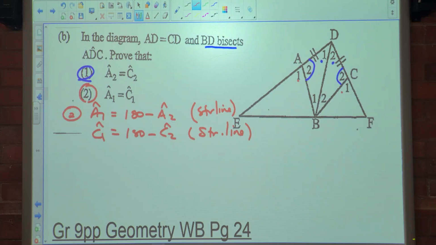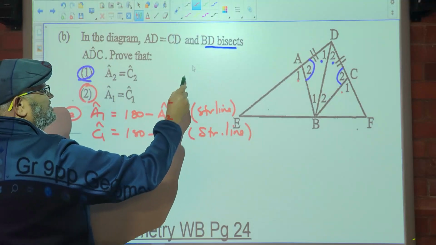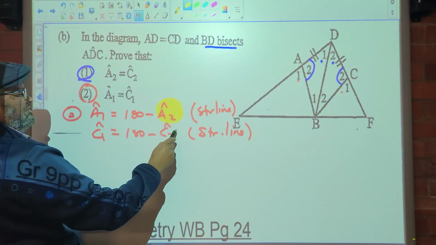Let's say, hang on. Yes? Could you have gone alternate angles with A1 being equal to B1? Can we go alternate angles? Why not? No problem. People say, hang on. But is it not that A2 is equal to C2?